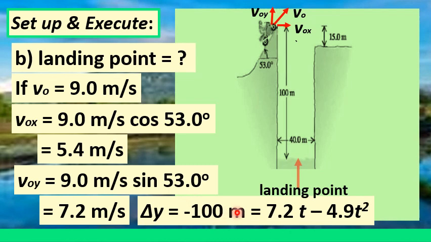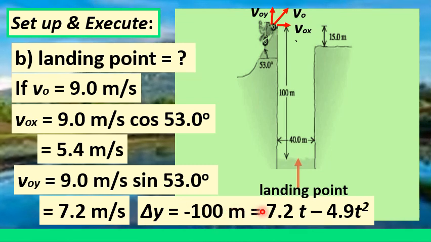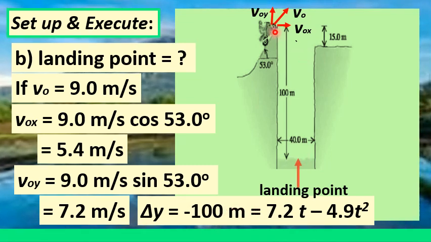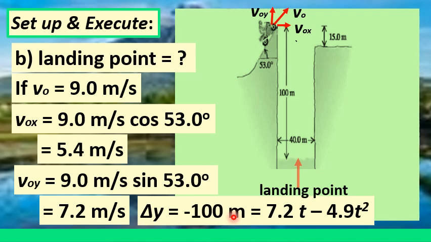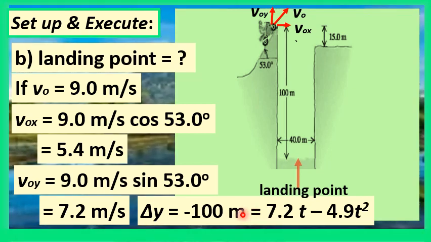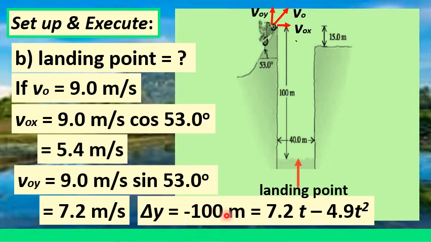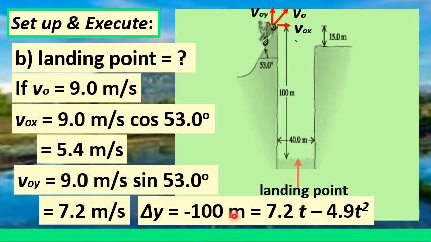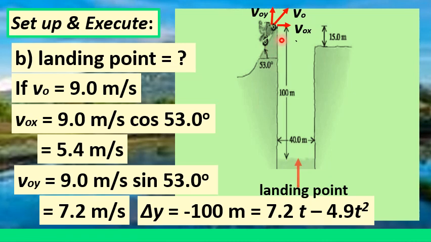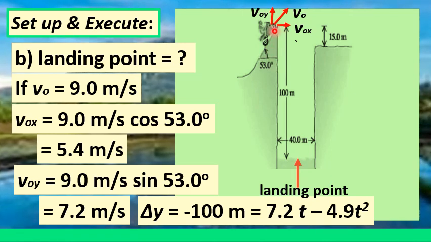But since we are talking about displacement relative to the top of the ramp, we label delta y as negative 100 meters, all right? Because that is 100 meters below the top of the ramp considered as a reference.